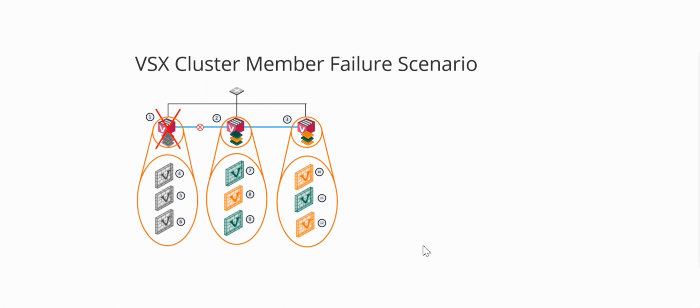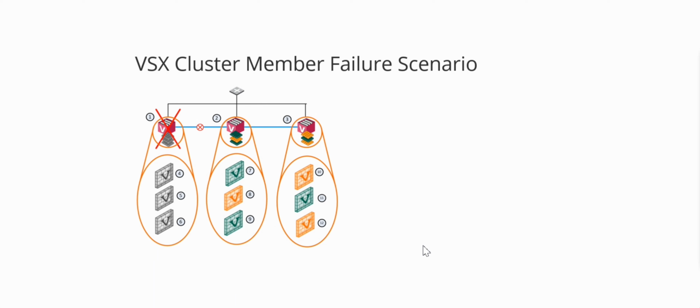VSX cluster member failure scenario. In this scenario, VSX cluster member 1 fails and its active and standby virtual systems fail over to VSX cluster member 2 and VSX cluster member 3. The active virtual system VS1 moves to VSX cluster member 2, and it directs all VS1 traffic itself.